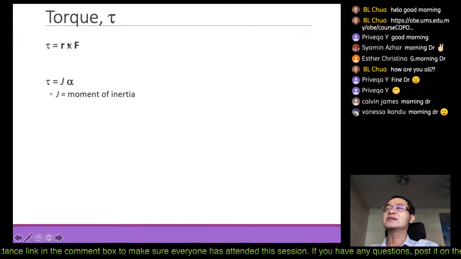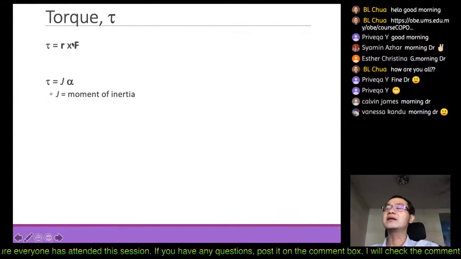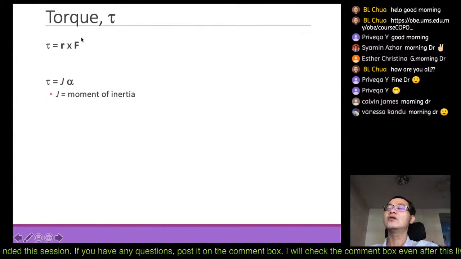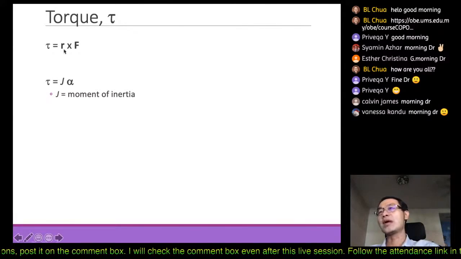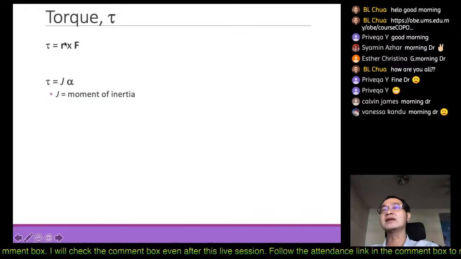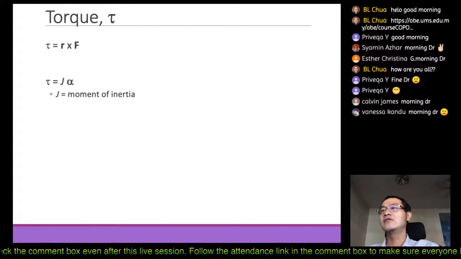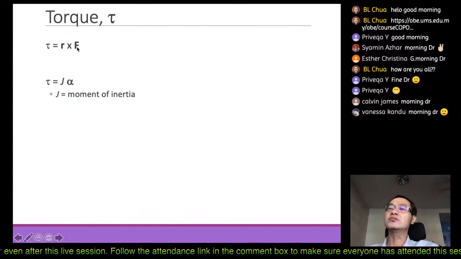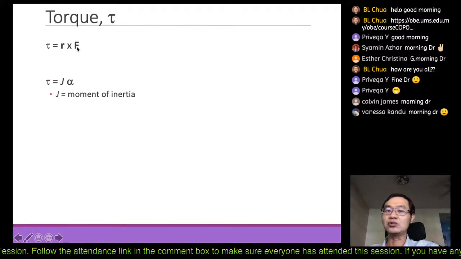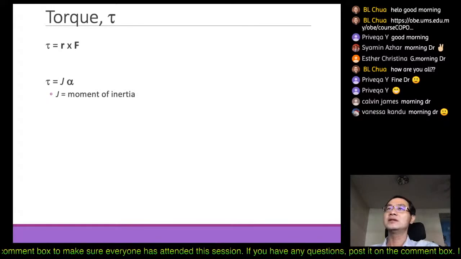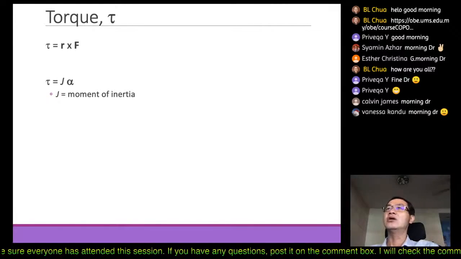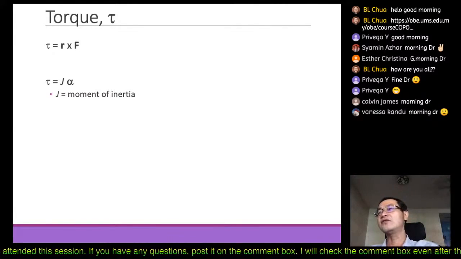R is the perpendicular radius to your load, the force itself. This is where we design how far it is from our load, and the load would be the job that we intend to solve, the force from maybe the gear or other things. So this is the force that acts.